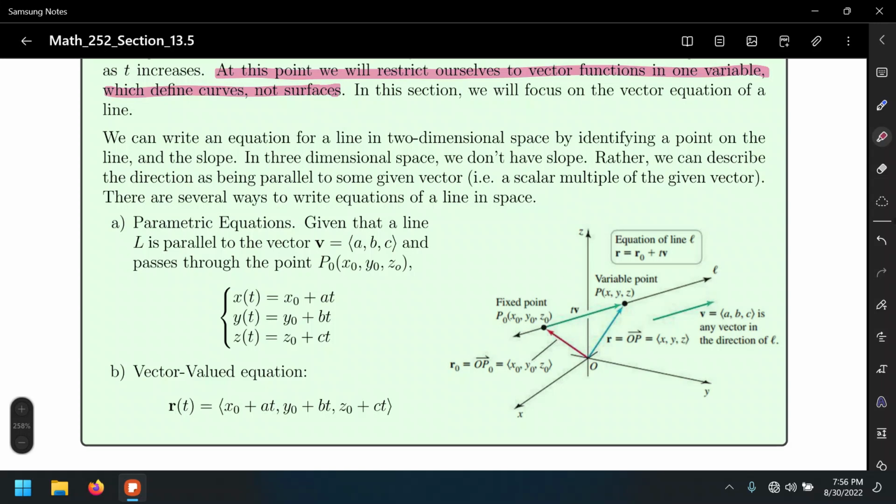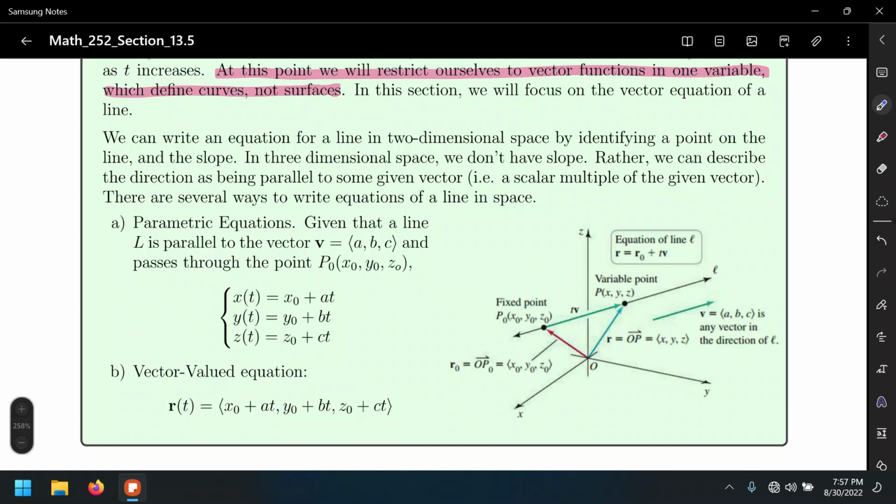So, in the meantime, how are we going to deal with the slope anyway? Well, if you take this x naught plus a t, and rearrange it as a t plus x naught, doesn't that really look like m x plus b, like the linear equation? But in this case, instead of having a slope, those are going to be the components of the vector in the same direction as the line that is defined in parametric form.